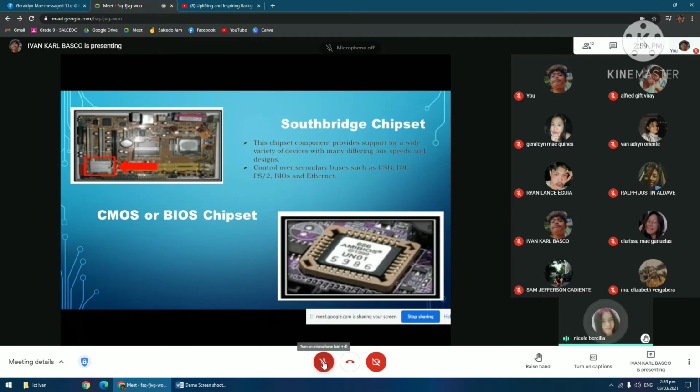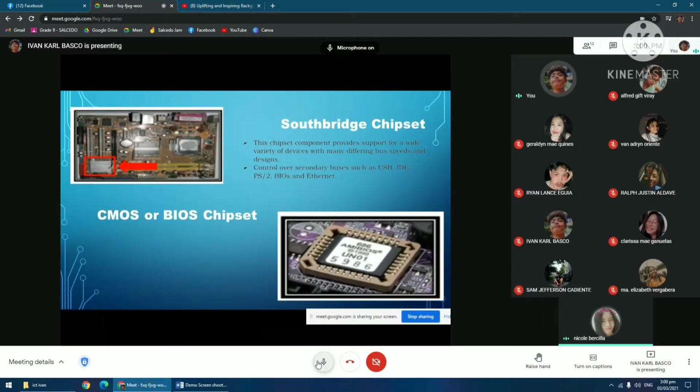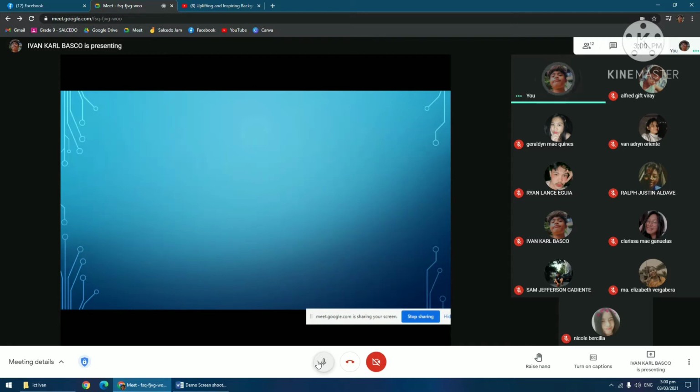It is also a chipset which contains the BIOS. Come again? I don't hear you. It is also a chipset which contains the BIOS. Okay, sound and clear. So basically, this chipset contains the BIOS. Next picture.